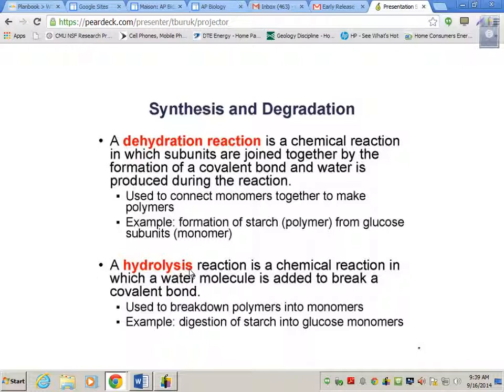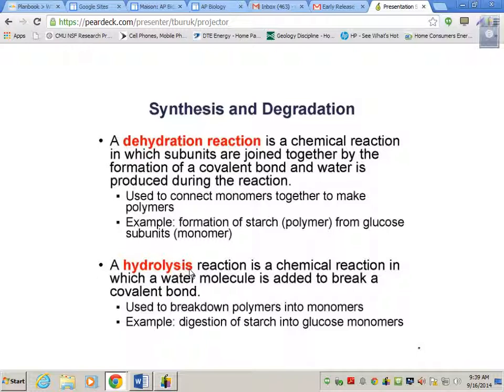If water is in the reactants, you know it is a hydrolysis reaction. That's kind of how you look to where the arrow is pointing. If the arrow is pointing at water, it is a dehydration reaction. If the arrow is pointing away from water, you know it is a hydrolysis reaction.